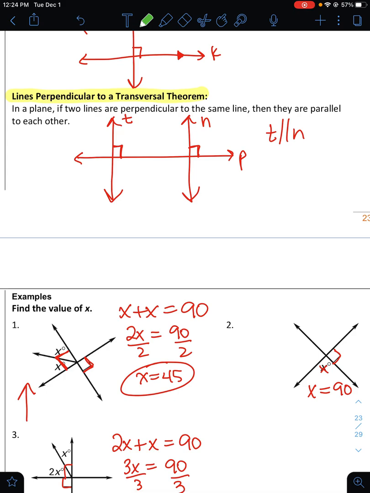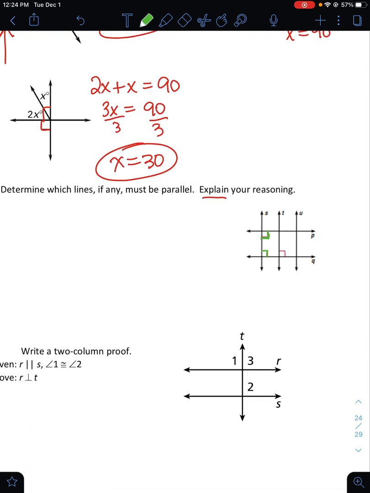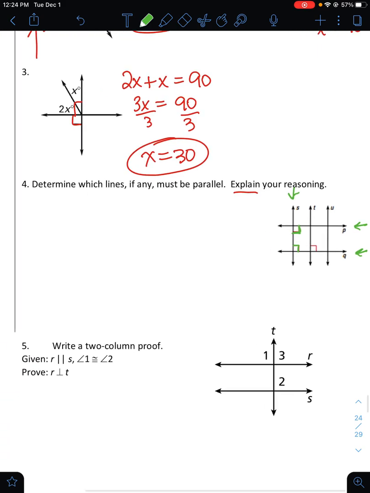I have two different lines perpendicular to the same line. So I see that P and Q are perpendicular to S, therefore they must be parallel. So either way is going to work. I'm going to put here that P is parallel to Q.